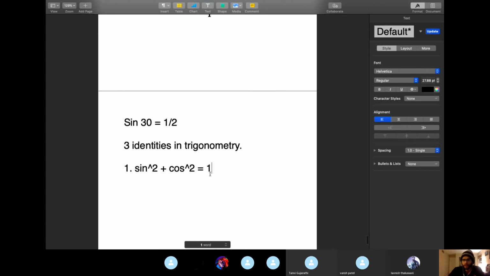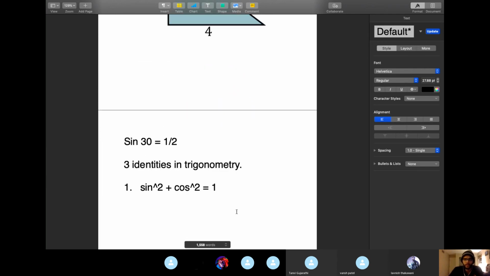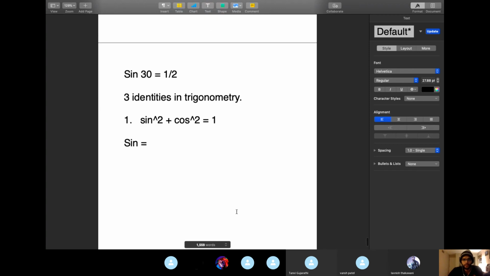Let me write down here. Sine is opposite by hypotenuse. Okay. Cos is adjacent by hypotenuse. Can you try to prove sine squared plus cos squared equals 1?